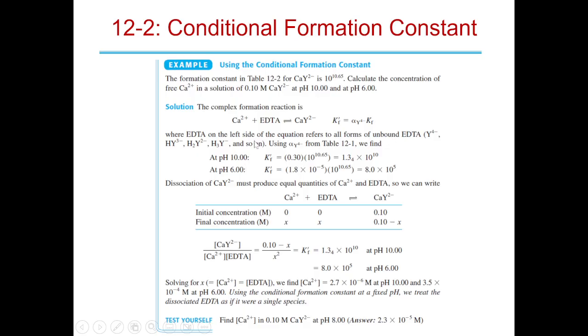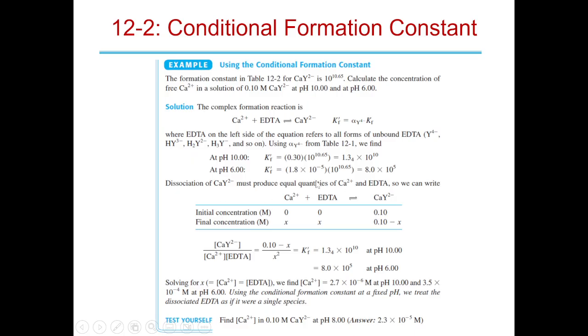You can keep the prime if you want, because it's still a modified one, but I usually put an extra label down here, next to the F, because then you don't mix them up. Anyways, the KF6 at pH 6, the activity is much, much lower at 1.8 times 10 to the negative 5, right? You multiply those again, you get a value of 8 times 10 to the negative 5th. And notice that's a factor of what, 100,000 difference? Pretty big difference.